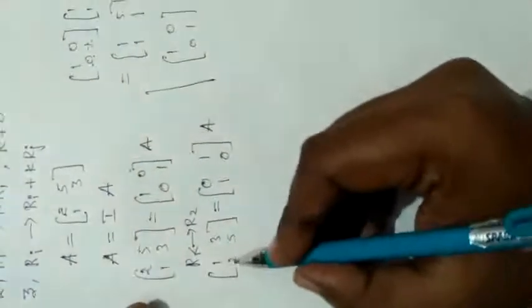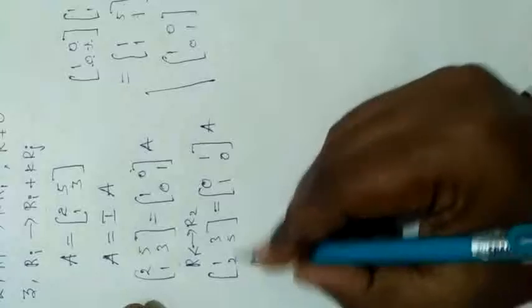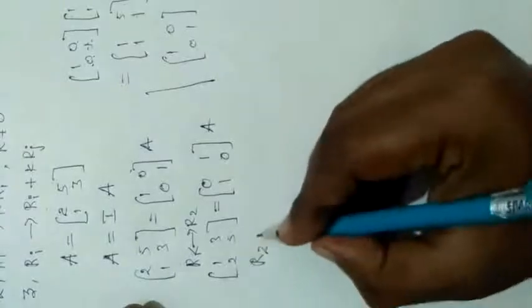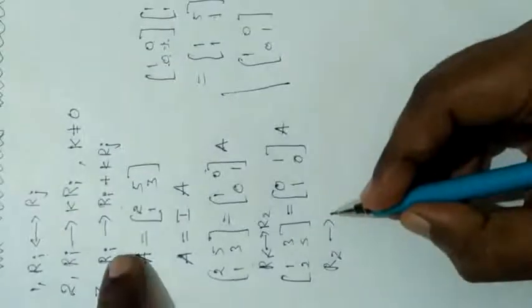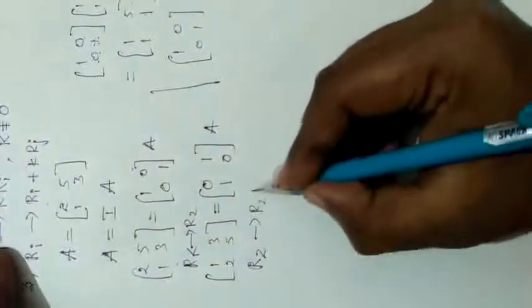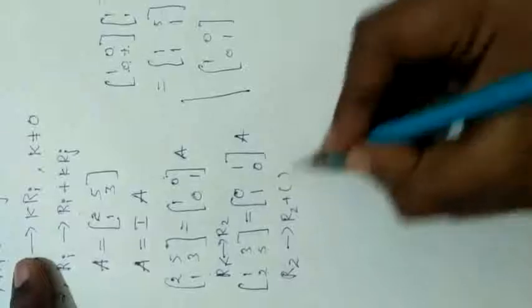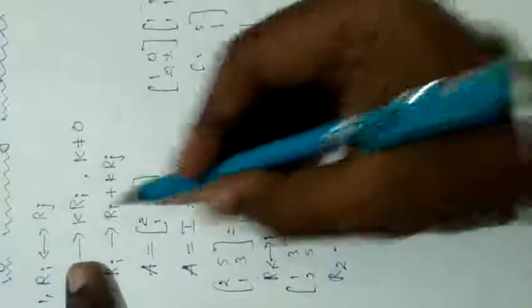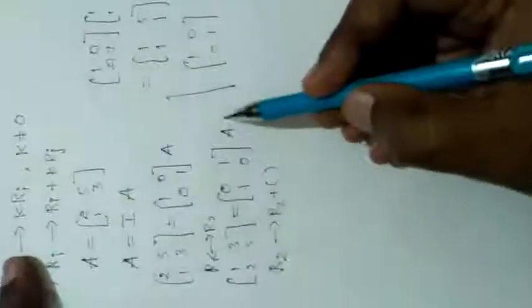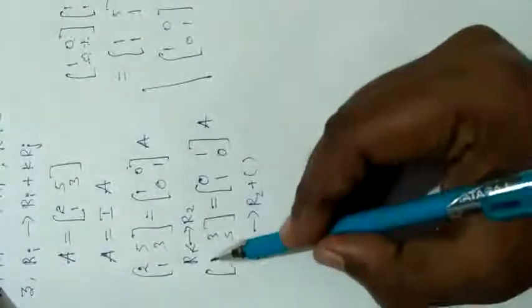If I want to make this element 0, that element is present in row 2, correct? So you have to start with row 2. You look at the transformation, Ri tends to Ri, you have to write first. So row 2 tends to row 2 plus k times Rj. The corresponding element for this one in the first row is this one.